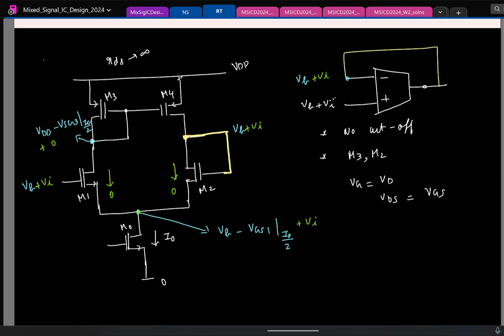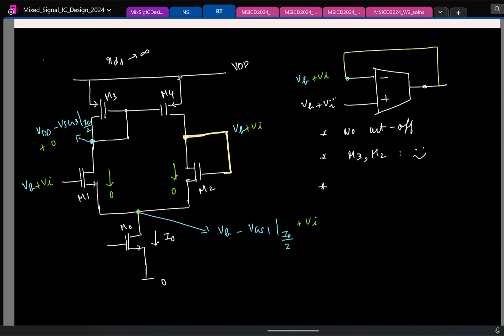So then it follows that it can never enter into triode. So I will say M3, M2, I don't have to worry. Put a smiley. So now let's look at remaining transistors. I need to look at M1, M4 and M0, only 3 of them.